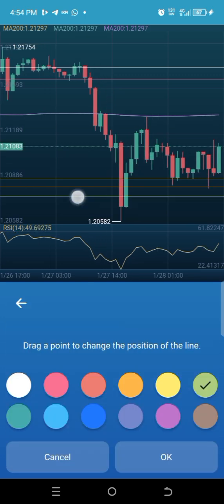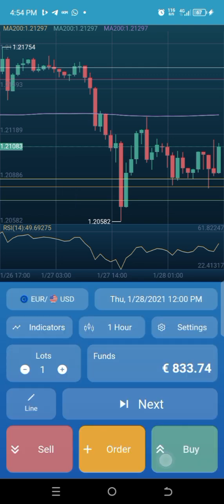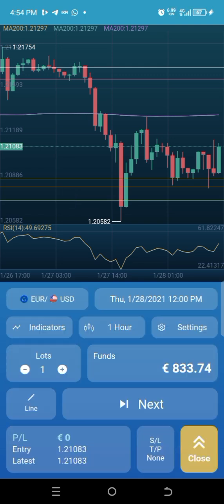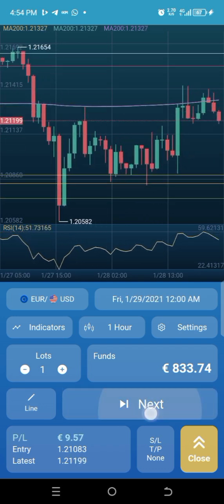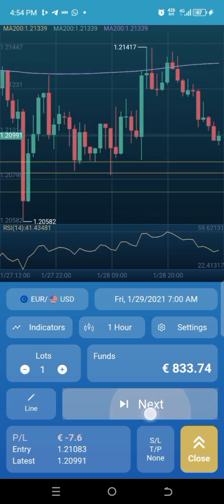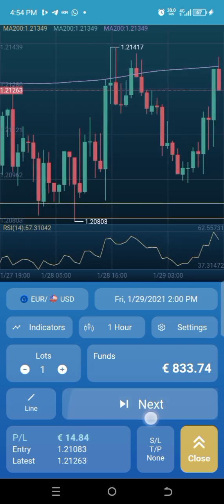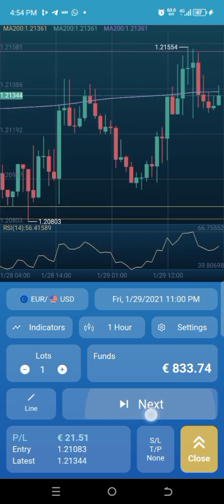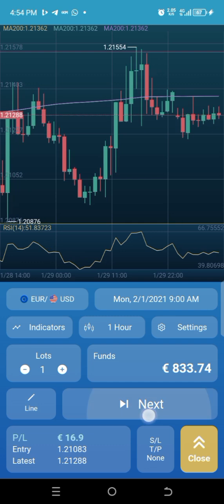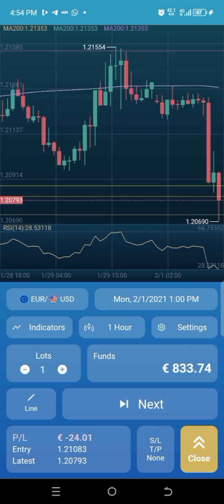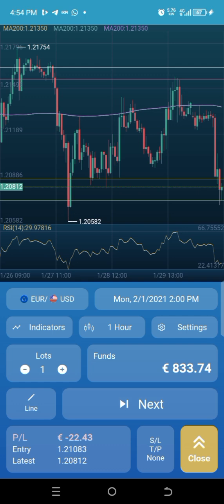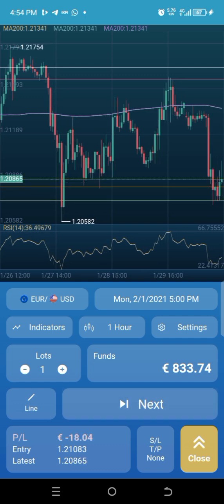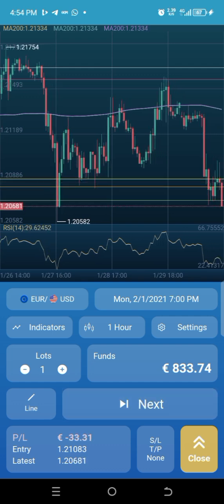One more trade. I'm going to put my stop loss here, and let's play it as a buy. Price is coming towards my stop loss. Almost. My stop loss is here. I'm out of this trade.